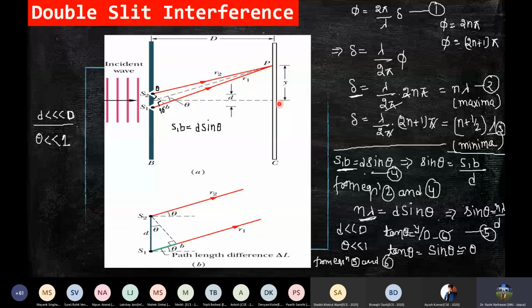This is your y, and this theta. First tell me what is tan theta? Tan theta is the opposite upon adjacent, perpendicular by base. So opposite is y, and what is the base? It is D. Yes, y by D, that is what I wrote. The theta was missing, so I was a bit confused. Sorry, it was in my mind but I did not write it.